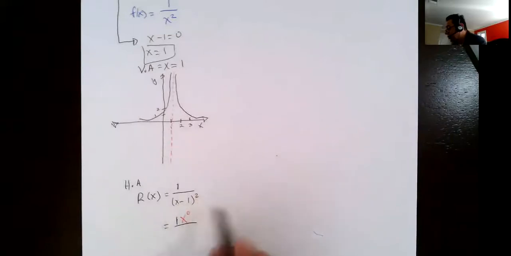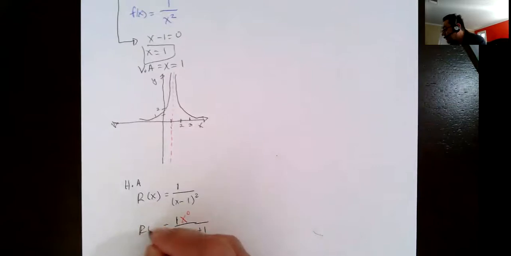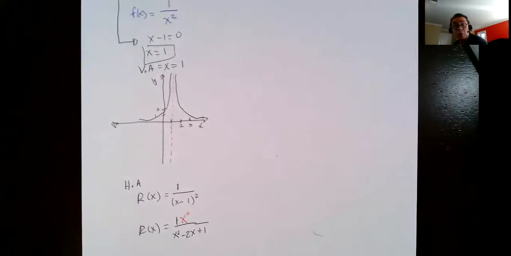In the denominator, if I square this binomial, this is what I'm going to have. The square of the first minus 2 times the first times the second plus the square of the second. Notice r of x is the same. These two functions are exactly the same. Now I can compare the degrees of the two leading terms, right?